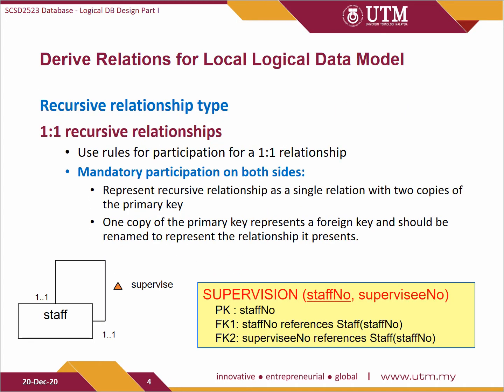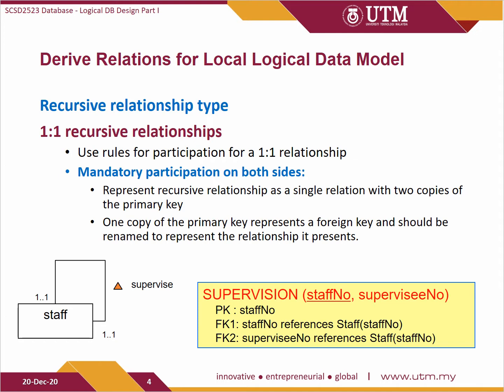Recursive relationship type. What is recursive? When you have two entities of similar entity type, we can call it a recursive relationship type. For recursive relationship, we have two types, one-to-one recursive relationship and many-to-many recursive relationship. For one-to-one recursive relationship, you need to use the rules for participation for one-to-one relationship.